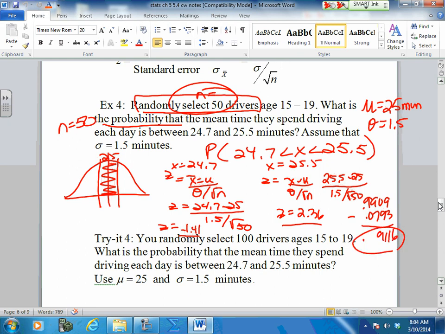So the probability that a random sample of 50, you did a whole lot of these samples, the probability of you selecting one sample of 50 and having them drive between 24.7 and 25.5 minutes is about 91%. You have a strong probability that they'll be driving there.